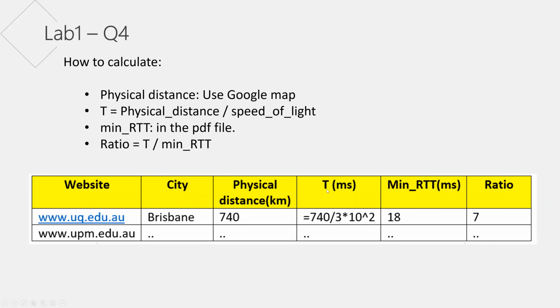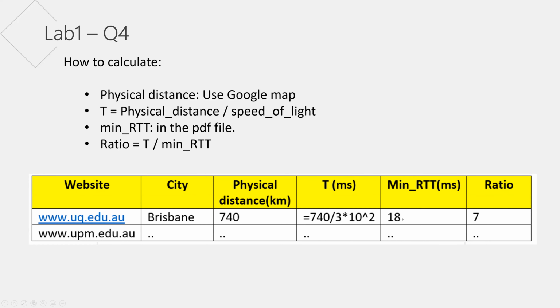And what is T? T is equal to the physical distance divided by the speed of light. Okay. And what is the minimum RTT?